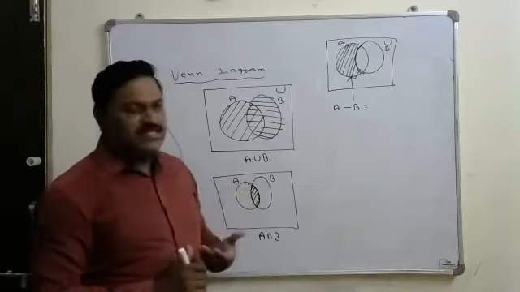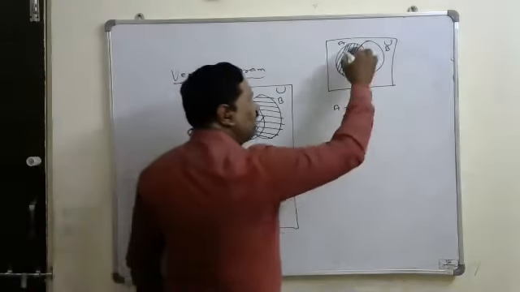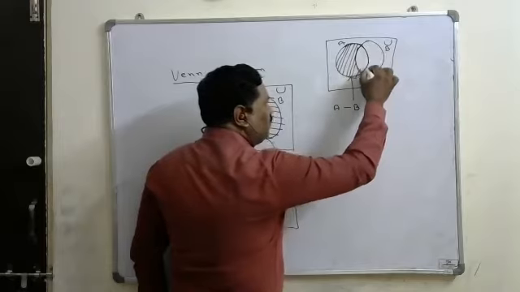So how do you write the formula for this? A minus B means this is the entire set A, right?